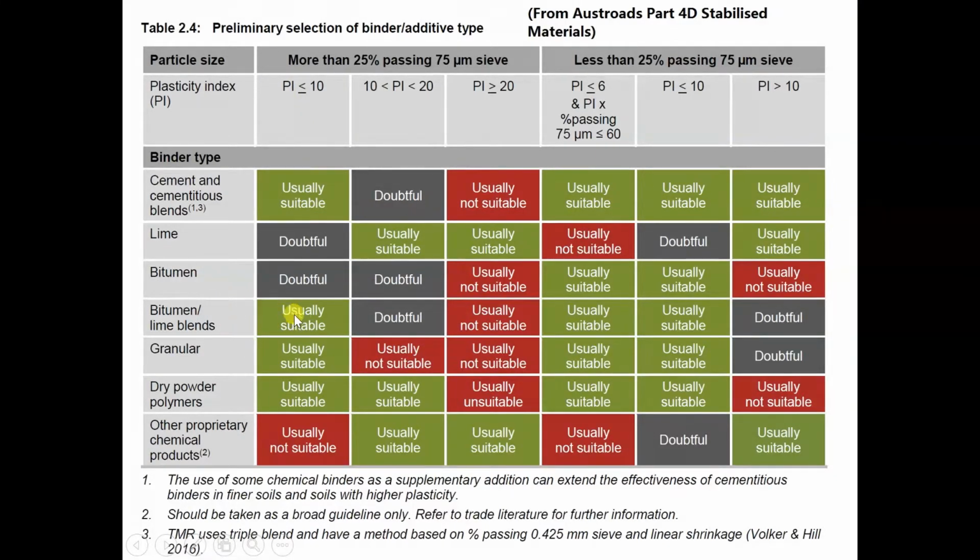Bitumen is not suitable for the subgrade, but it is suitable mostly for pavement materials with less plasticity, that means a plasticity index less than 10. So it is in this category.